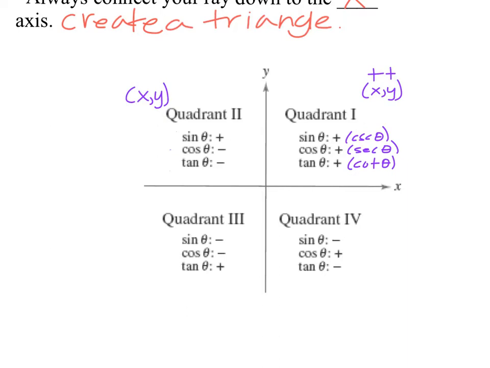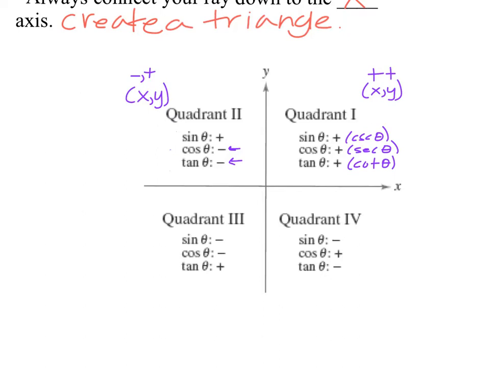In quadrant 2, your x value is actually negative and your y value is positive. That means both cosine and tangent and secant and cotangent are going to have negative answers because of quadrant 2. Sine, whose definition is y over r, and cosecant would both be positive since the y coordinate is positive in quadrant 2.